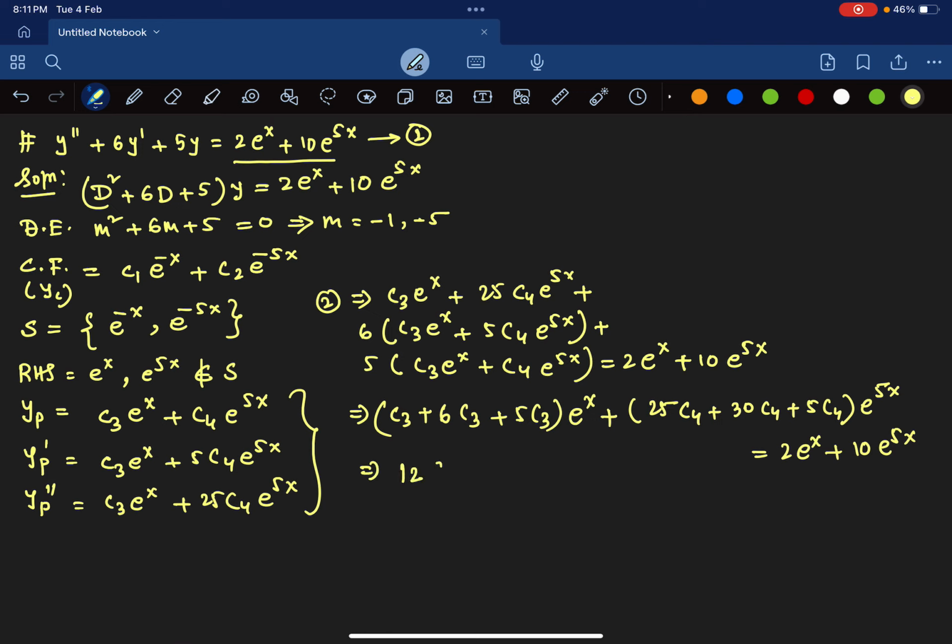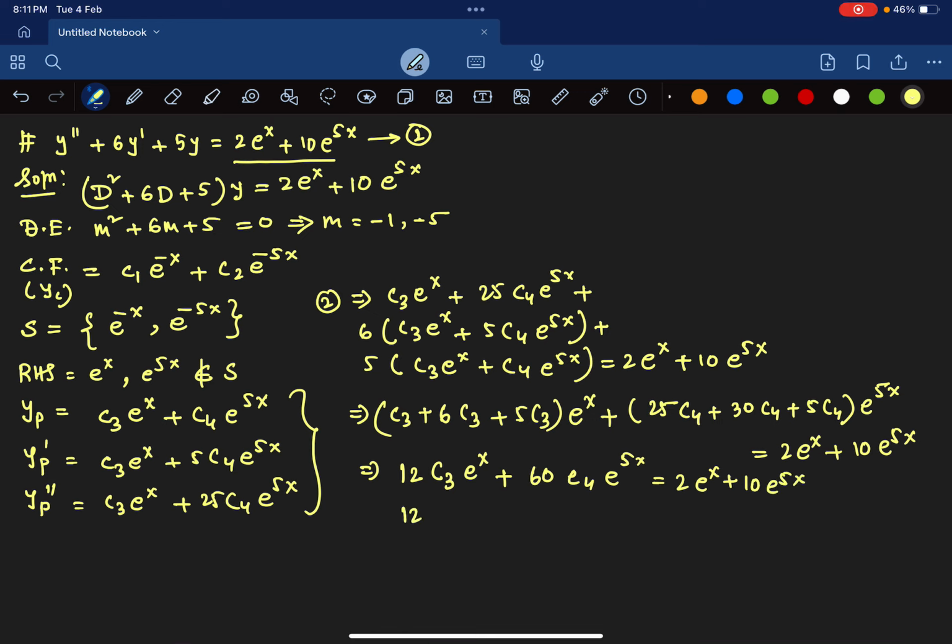Now from here, 12 c3 e power x plus 60 c4 e power 5x is equal to 2 e power x plus 10 e power 5x.